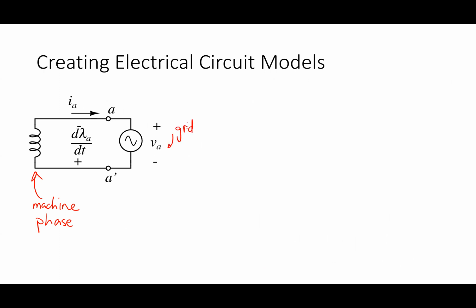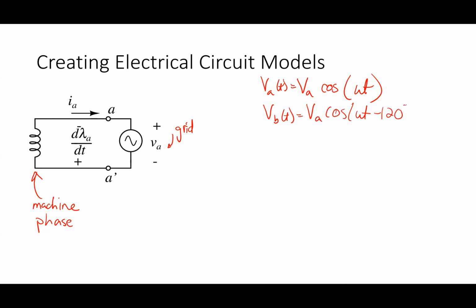And my grid is going to basically have VA equal to, so let's do it this way. VA of t is VA cosine omega t. VB of t would be VA cosine omega t minus 120.